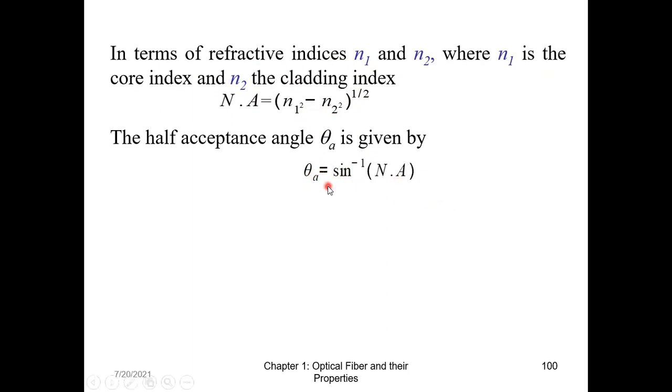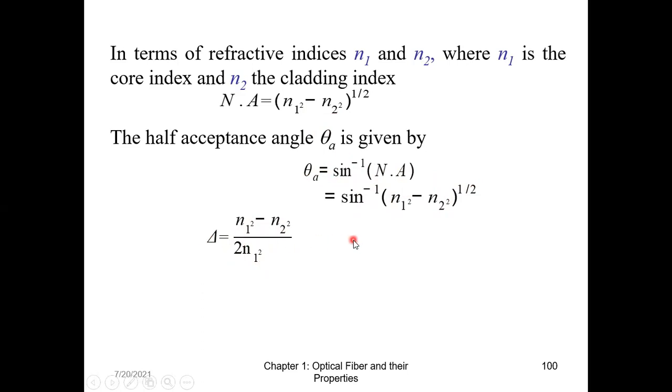So theta A is sin inverse of NA, and in place of NA I will write the square root of N1 square minus N2 square. Now the formula of delta is (N1 square minus N2 square) upon 2N1 square. So in place of N1 square minus N2 square, I will put 2N1 square delta.